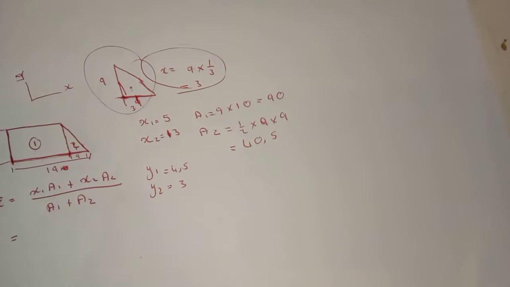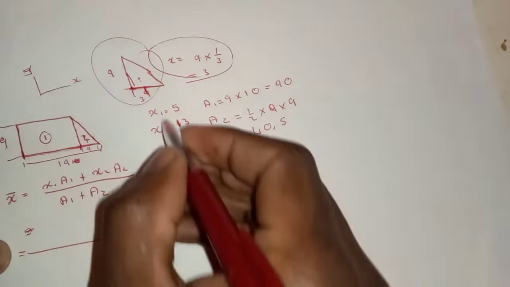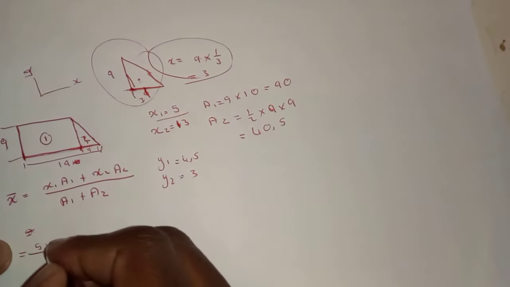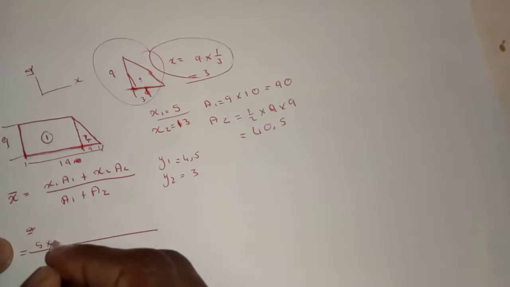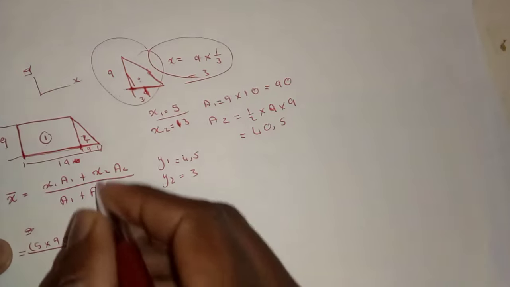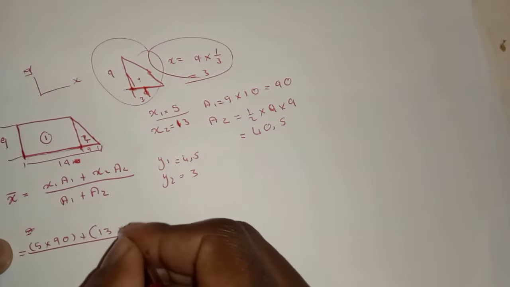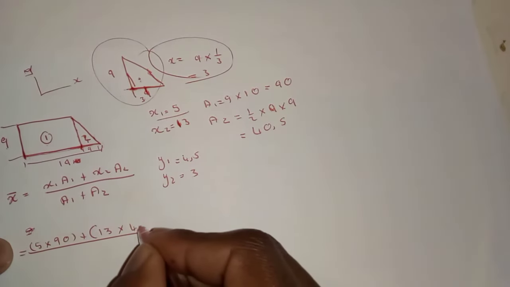And then from there, we are going to substitute everything. X1 is 5 times area 1 is 90, plus x2 is 13 times area 2 is 40.5.